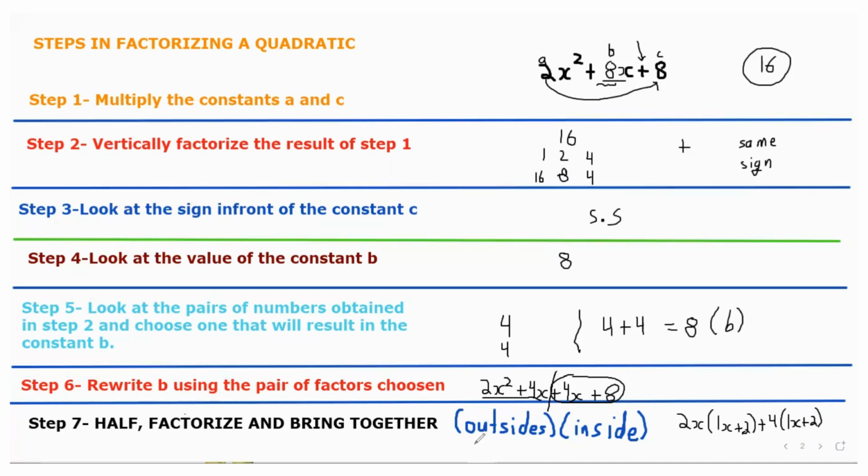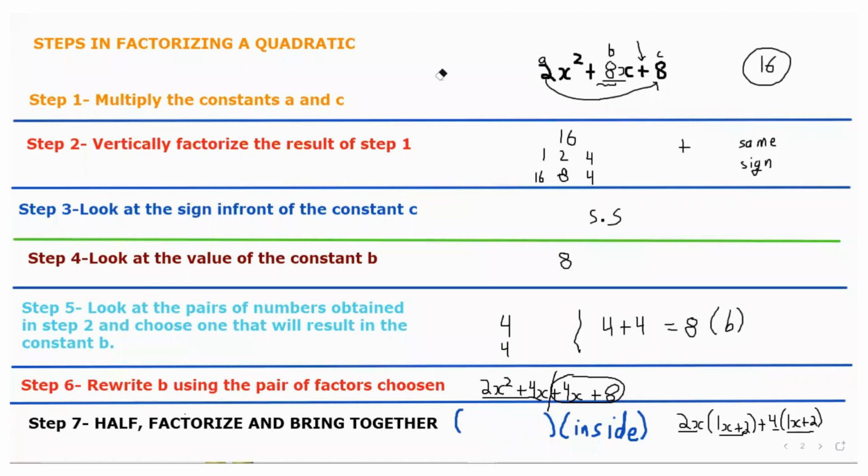When we bring it together, you see 2x outside, 4 outside, and the inside is the same. The insides will always be the same, as a way to check if your answer is correct. One bracket will have the outsides and another bracket will have the insides.